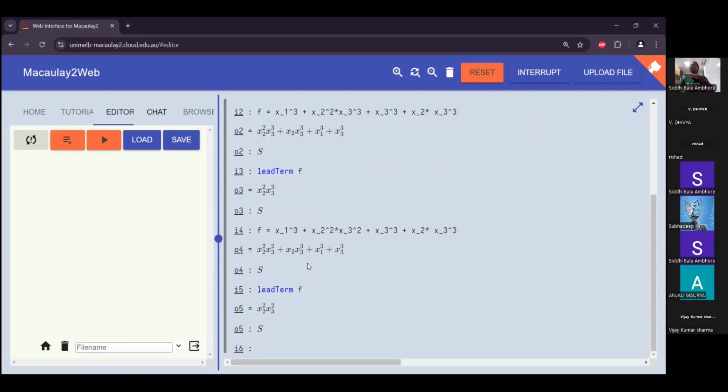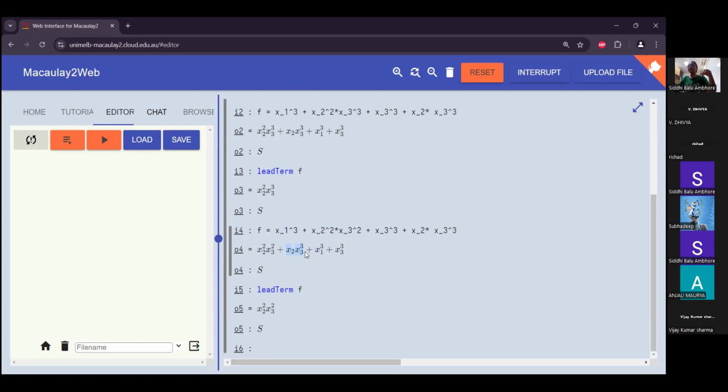So as you can see, even though this second term has the highest power of 3. In lexicographic order, the higher the power of x1, the bigger the monomial is. However, in reverse lexicographic order, the power of the highest index variable decides, and the greater the monomial.